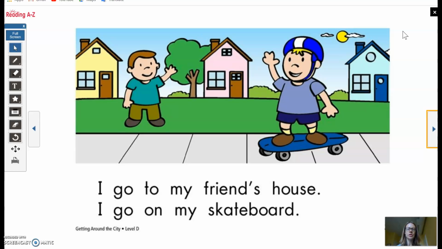Read this page, then we will read it together. Let's read it together. I go to my friend's house. I go on my skateboard. Right there, skateboard.